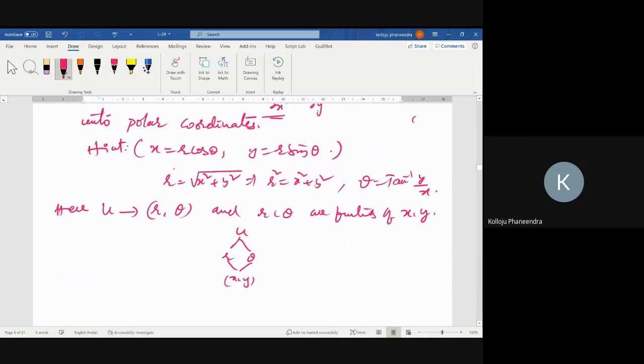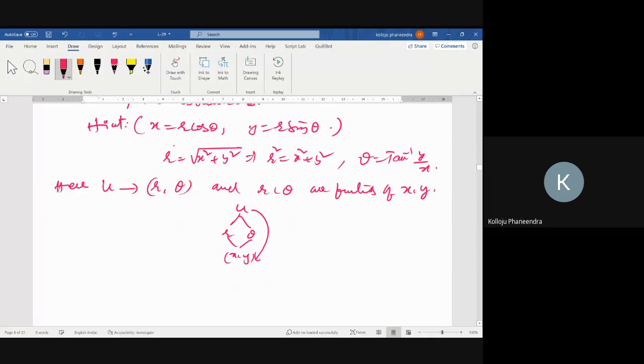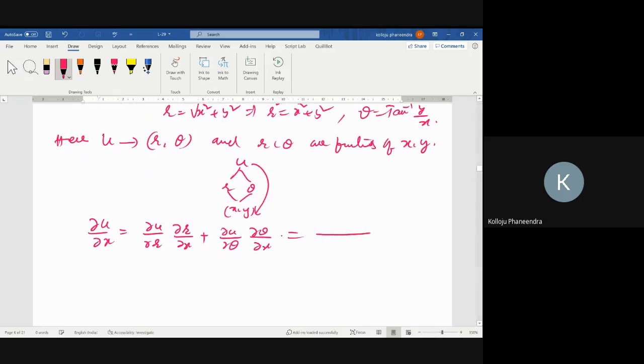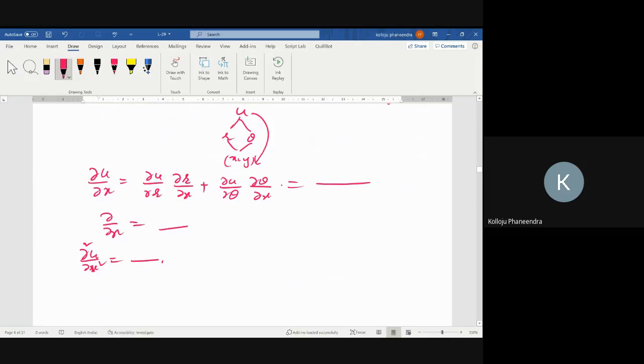So u is a function of x, y. So calculate ∂u/∂x, that is nothing but ∂u/∂r into ∂r/∂x plus ∂u/∂theta into ∂theta/∂x. Okay, calculate this. Next, you find the ∂/∂x operator. Next, you find ∂²u/∂x², like this. Similarly, ∂u/∂y, ∂²u/∂y². Try this problem.